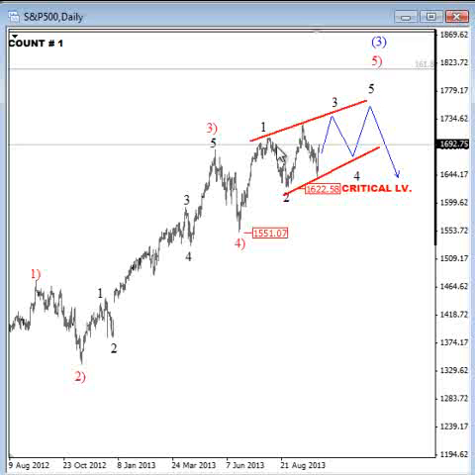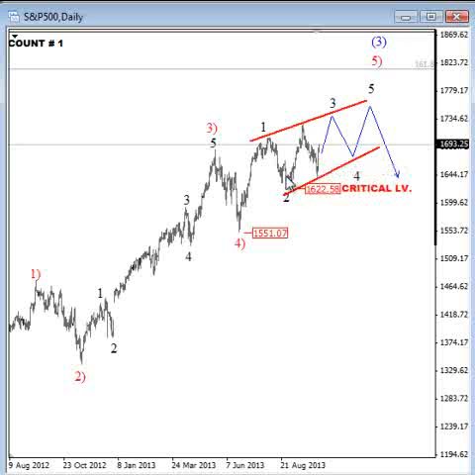However, the recovery could be very choppy and overlapping, like we have seen for the past 2 or 3 months, and the reason is this potential shape of an ending diagonal. Some would call this wave 3, but because in ending diagonals each leg must be in 3 legs, and especially the third leg, wave 3 must clearly be in 3 waves.